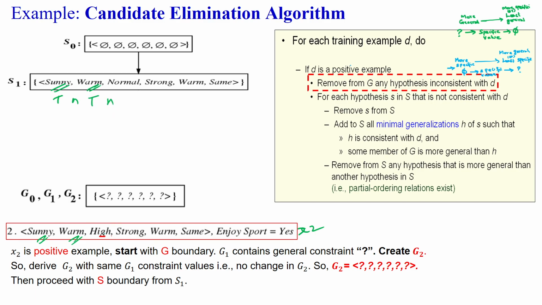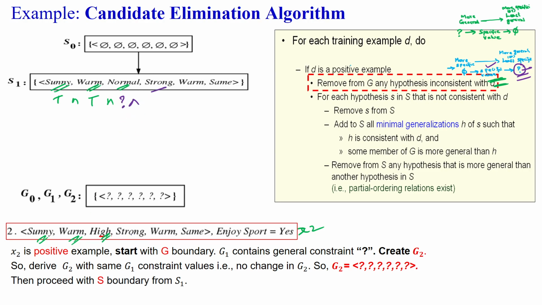Here, high versus normal is not matching. If it is not matching, the specific value available here has to be replaced by the question symbol constraint, the next general constraint.